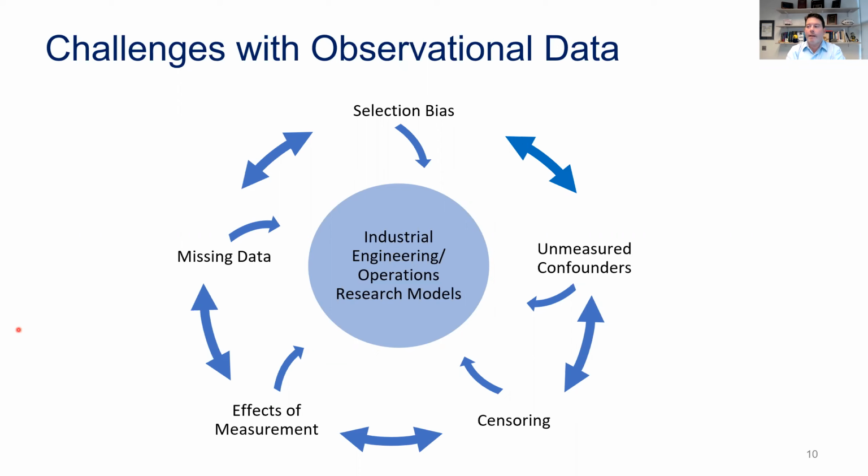Things are getting better, but those are always there. And that's creating some important challenges and opportunities to use techniques from causal inference, for example, to try to enable the use of data.